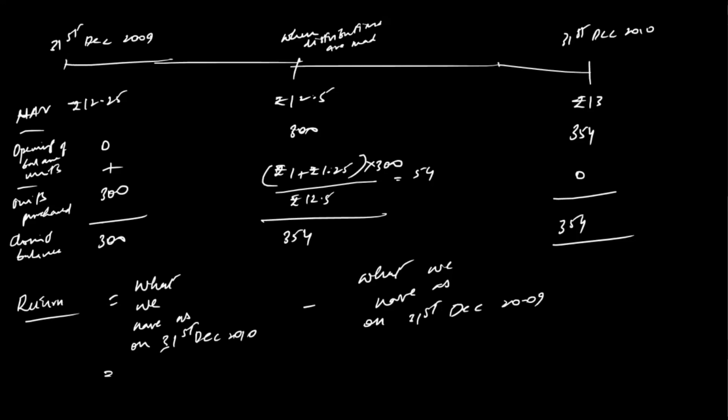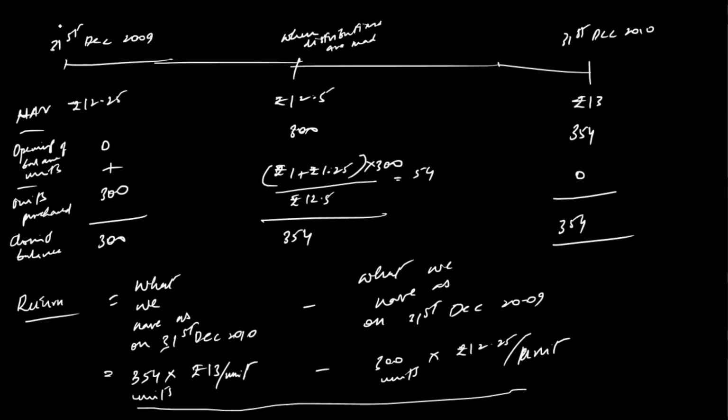So what do we have? We have 354 units, right? Into NAV is 13 that time, 13 per unit. 354 units into rupees 13 per unit minus 300 units into rupees 12.25 per unit.